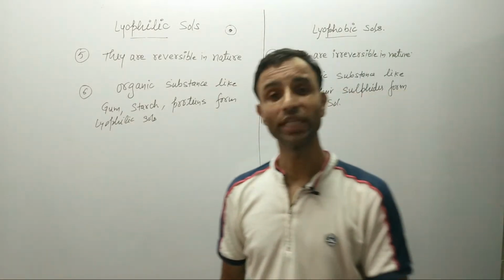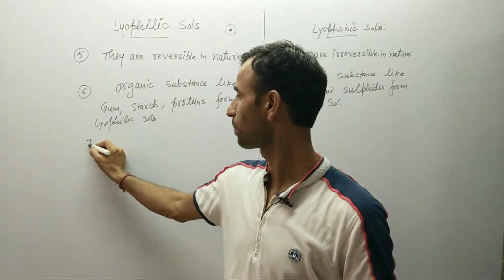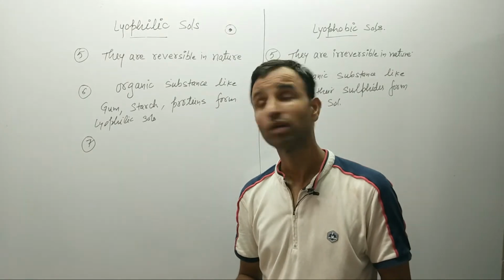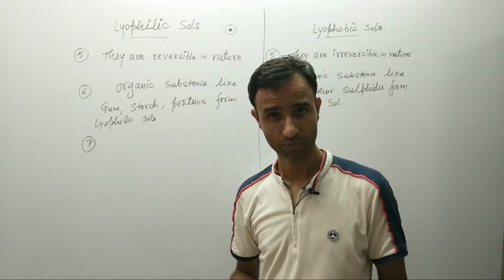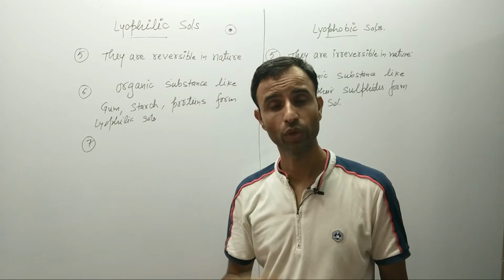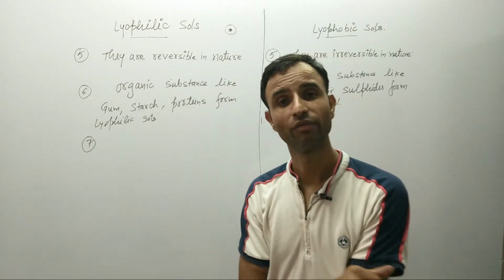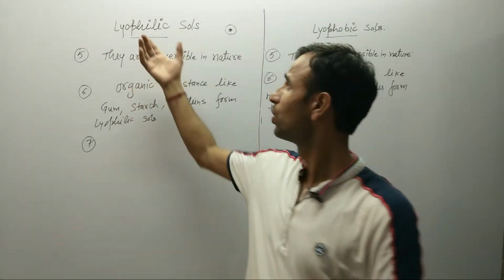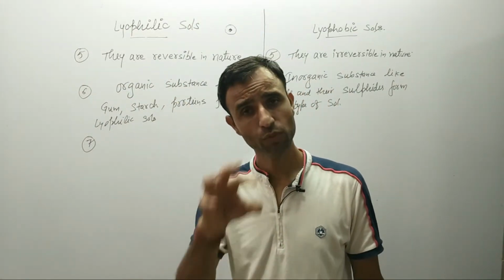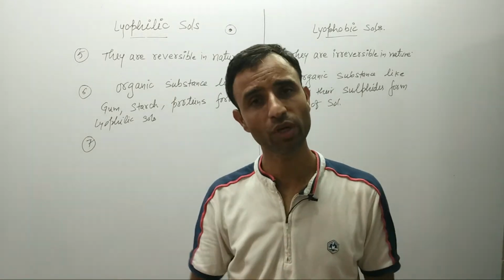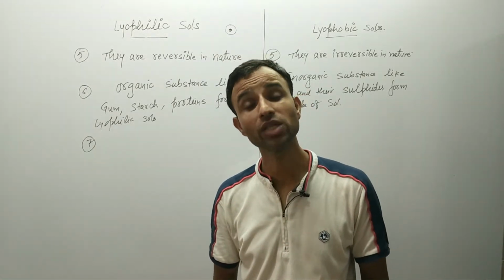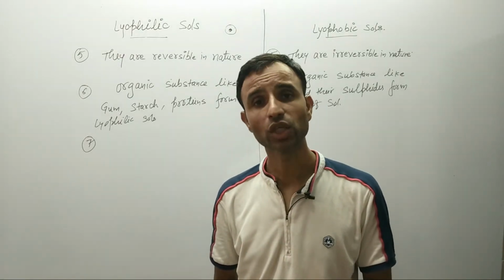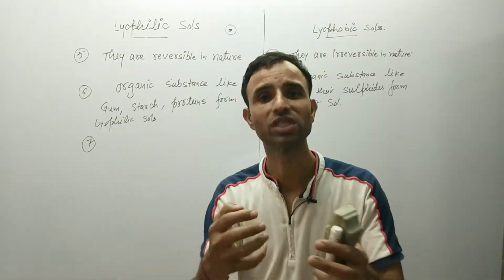What about viscosity? If we compare the viscosity of the dispersion medium and the lyophilic sol, which one has higher viscosity? Obviously, in a lyophilic sol, when the dispersed phase is added into the dispersion medium, it interacts with the dispersion medium, and that's why it becomes more viscous.